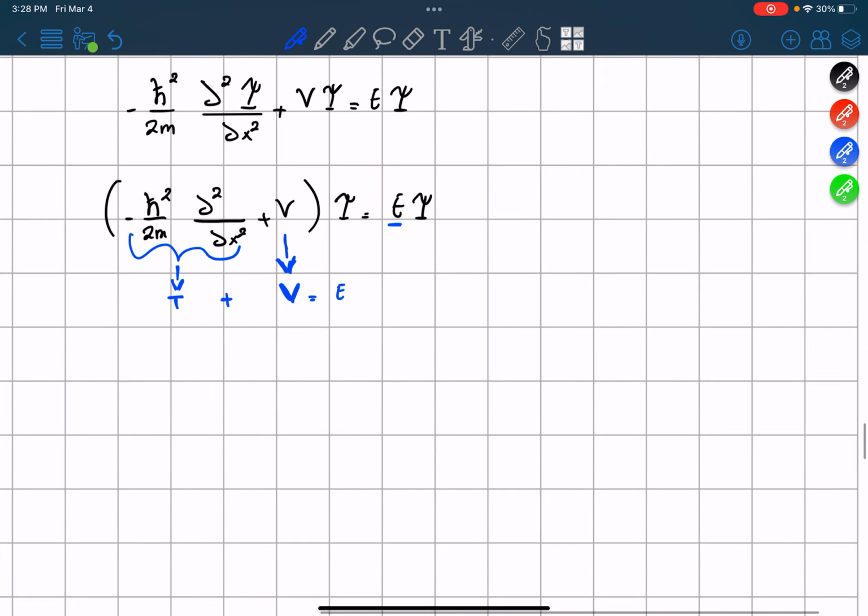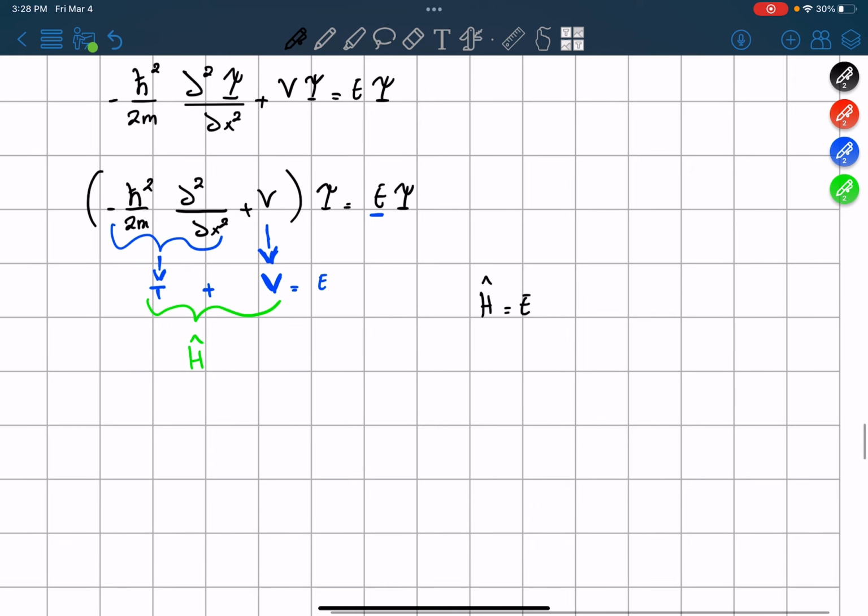So we know that this part here is equal to the Hamiltonian, and it's going to be an operator, of course, because we don't have the function. So we can say that the Hamiltonian is equal to our energy, and the Hamiltonian of a function is going to be equal to the energy of that function, as you can see very quickly.